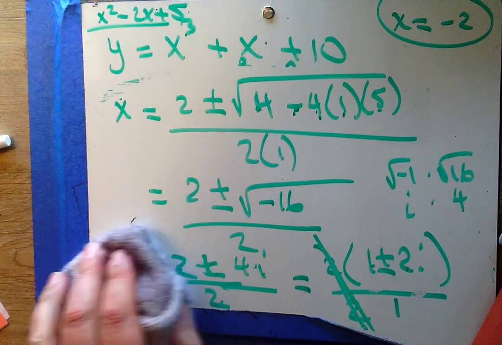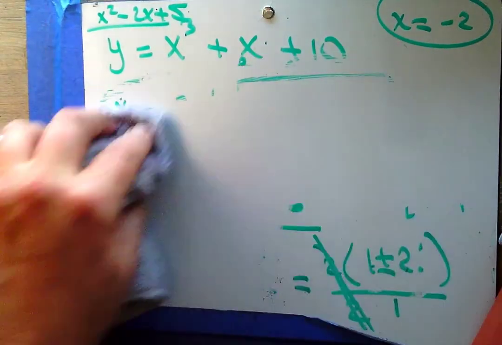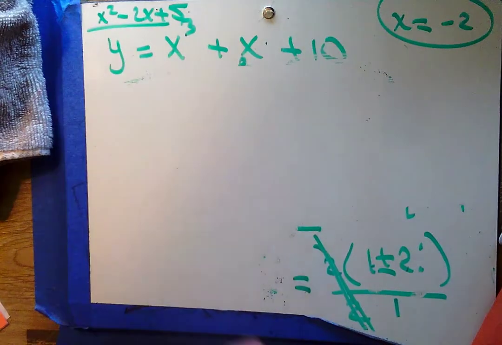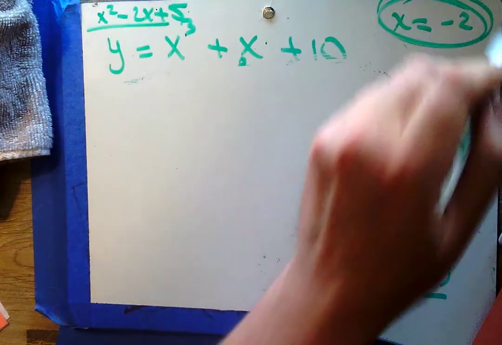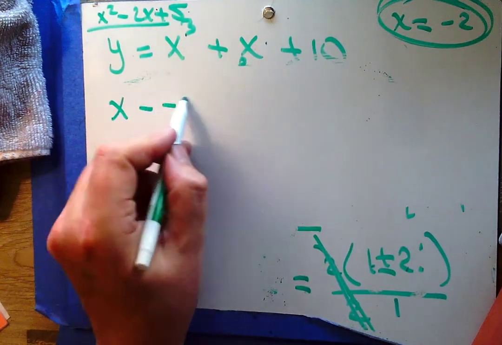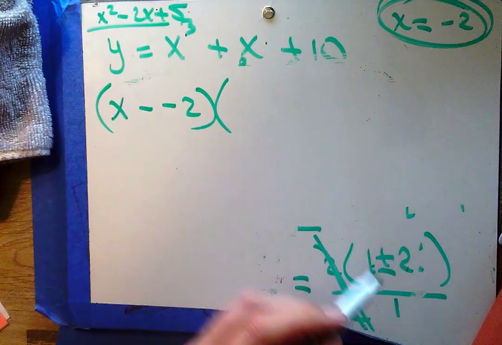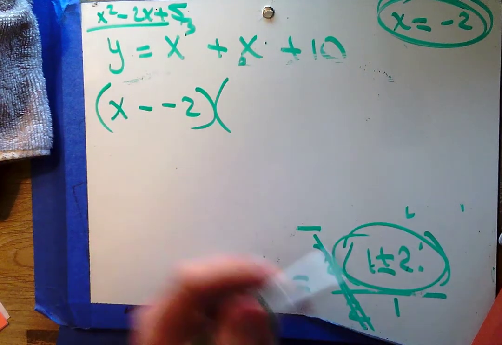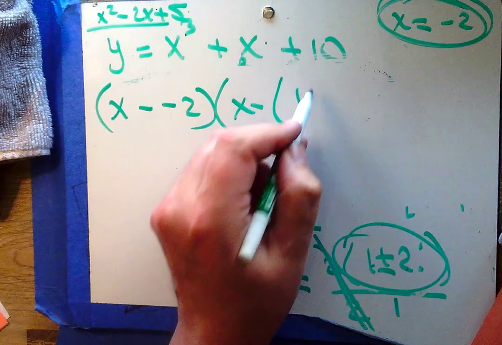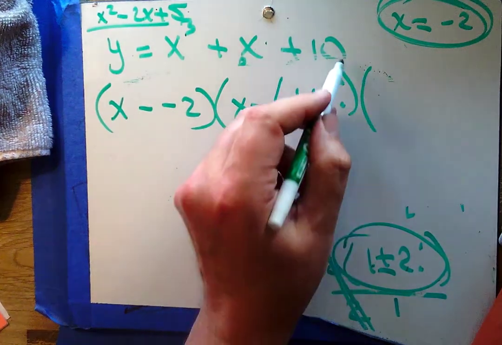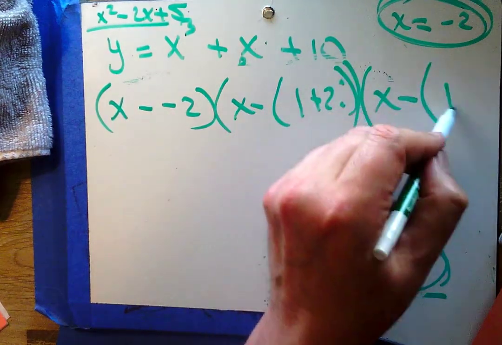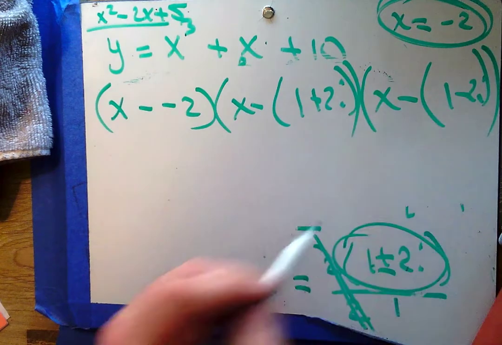Remember what we were trying to do? We were trying to write the linear factorization of this third-degree polynomial. We looked in our calculator and saw an x-intercept at negative 2. Now I've got these two complex numbers, x minus 1 plus 2i, x minus 1 minus 2i.